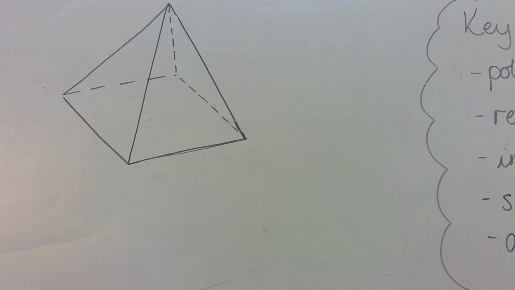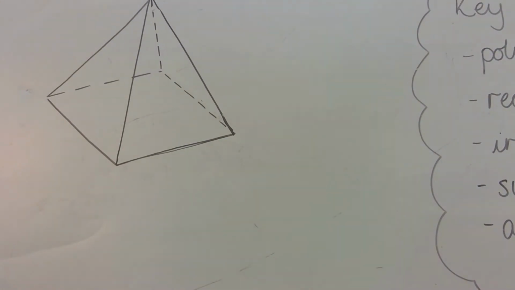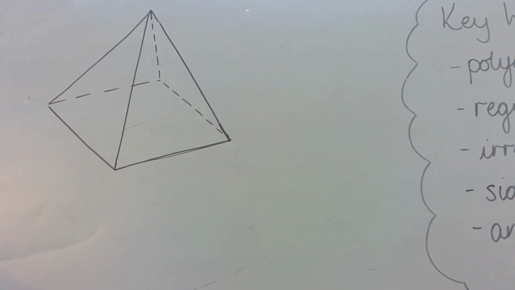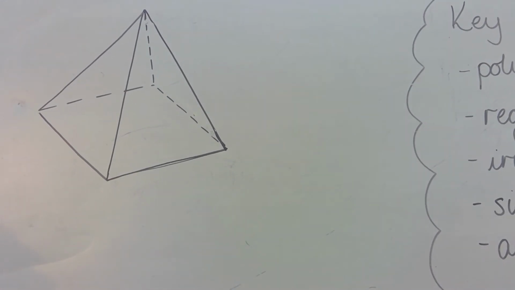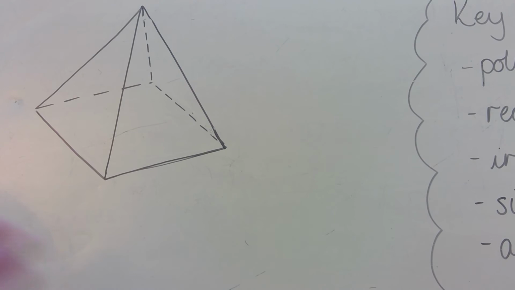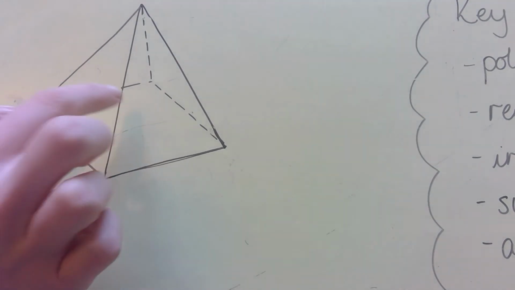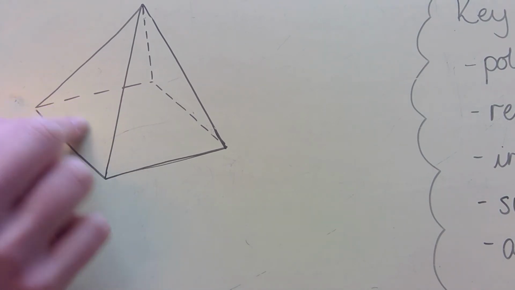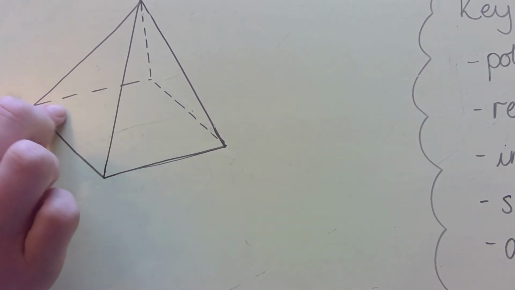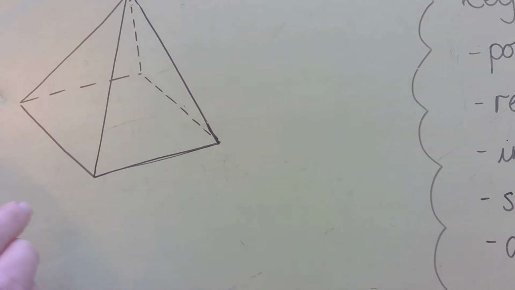Okay, so with this particular shape, we don't need to worry about the name of it, but if you did know the name of it, then it would give you a bit of a clue, because this is a square-based pyramid. So at the bottom there, the base of the 3D shape is made up of a square, okay?